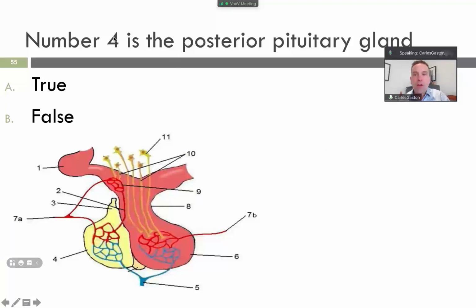So one of the questions, number 4 here, is: the posterior pituitary, true or false? I'm not saying the answer; you are going to think about it and do it in your own time.